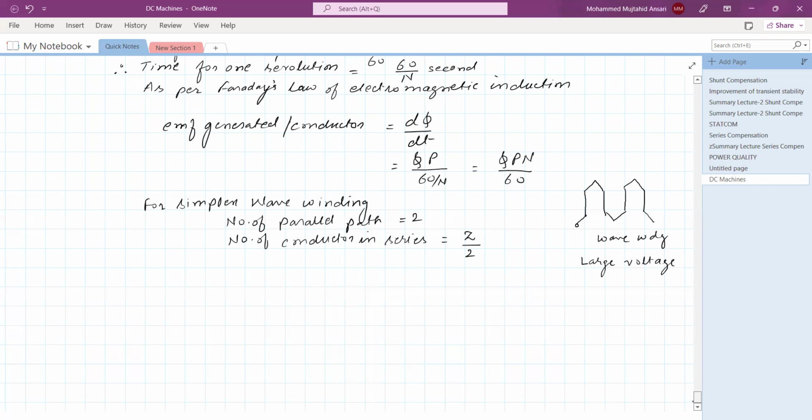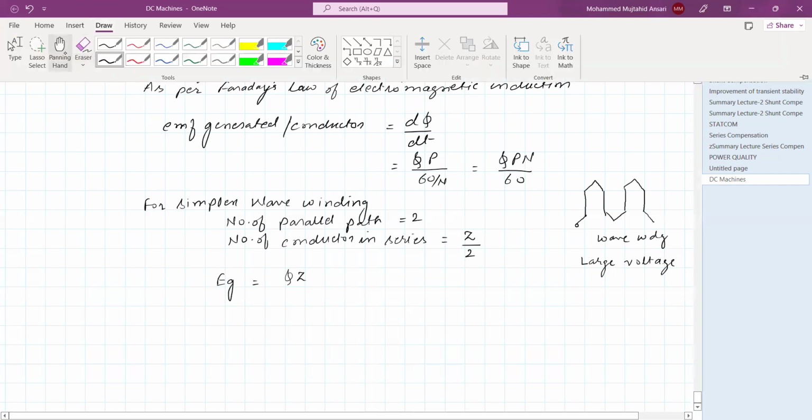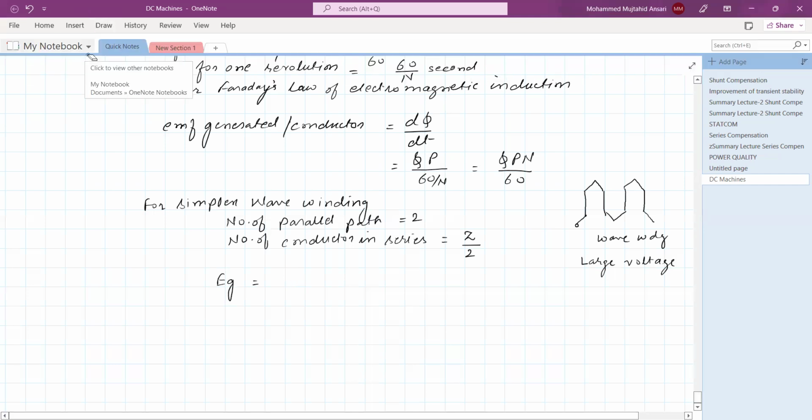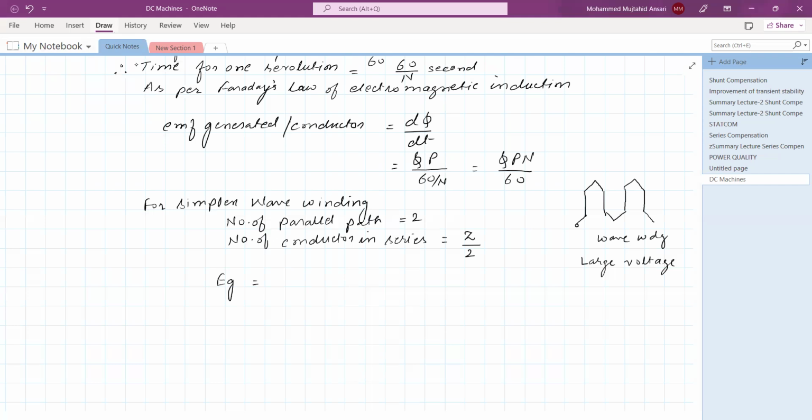So the EMF generated, EG, we can write as phi Pn upon 60 into Z upon 2.